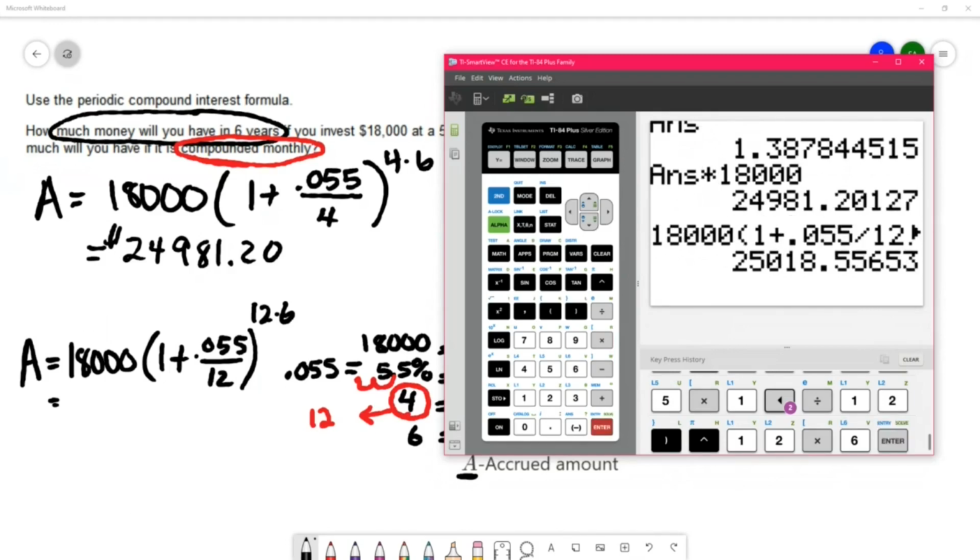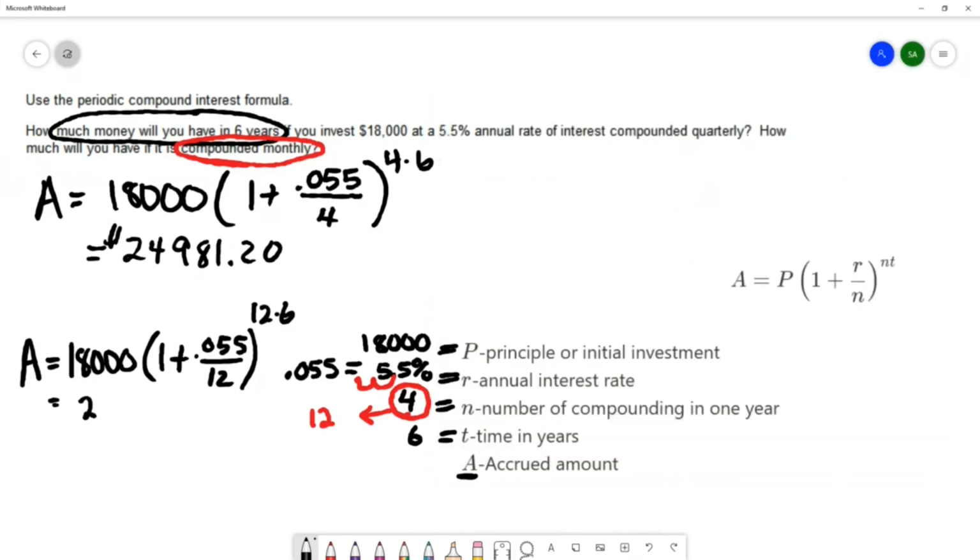So this time we got $25,018.56. Notice I'm rounding to the nearest cents because we're talking about money. So we have $25,018.56.